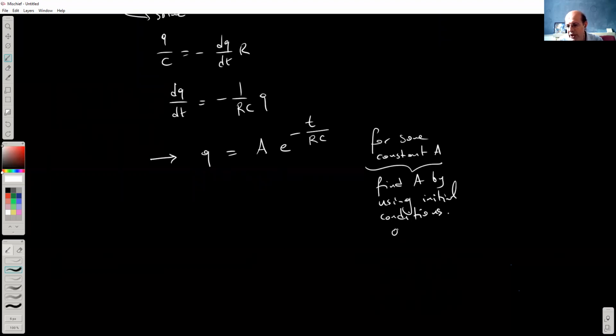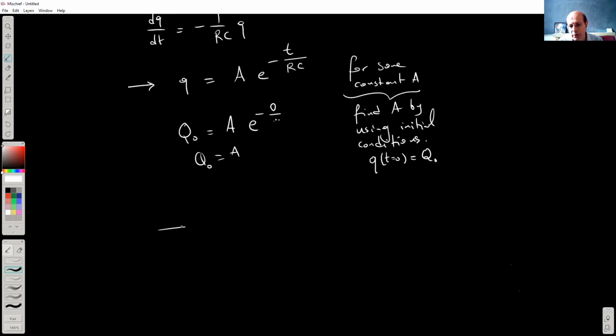So what's the initial condition? The value of the charge at time t equals 0 is given. That's one of the variables in the question. So I know that Q0 is equal to A times e to the minus 0 divided by something, whatever. That's basically 1. So that constant has to be equal to Q0. Therefore, we find Q to be equal to Q0 times e to the minus t over RC.